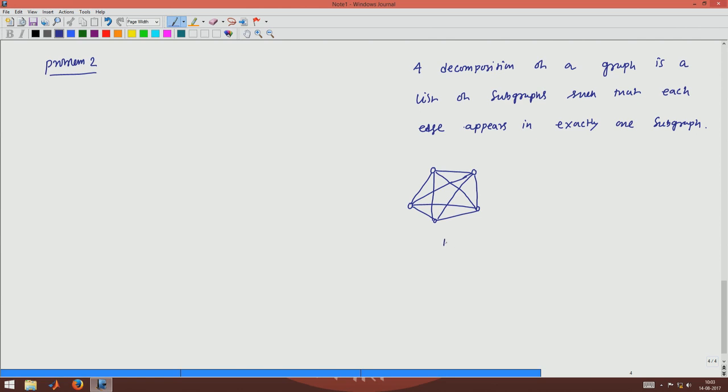So, it is basically K5, and now I can decompose this into these two subgraphs.